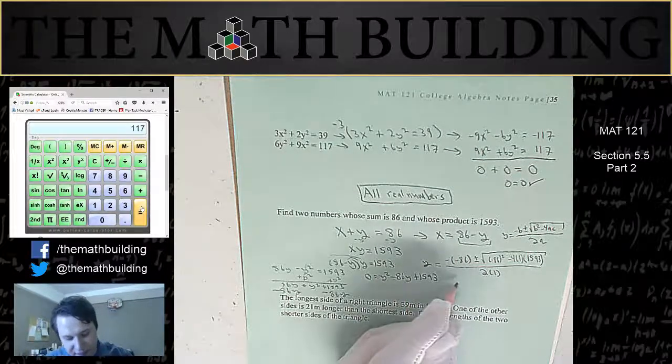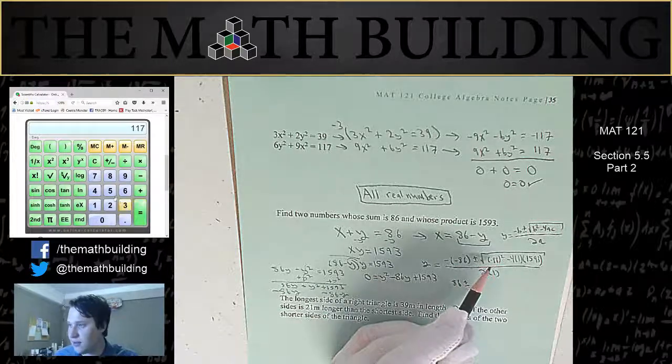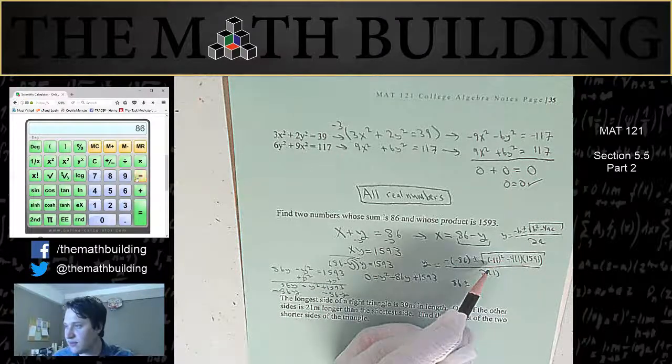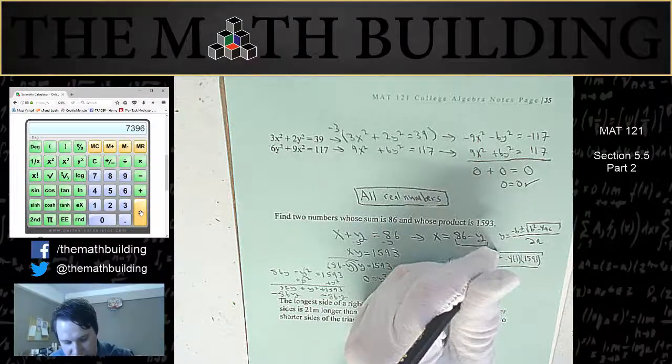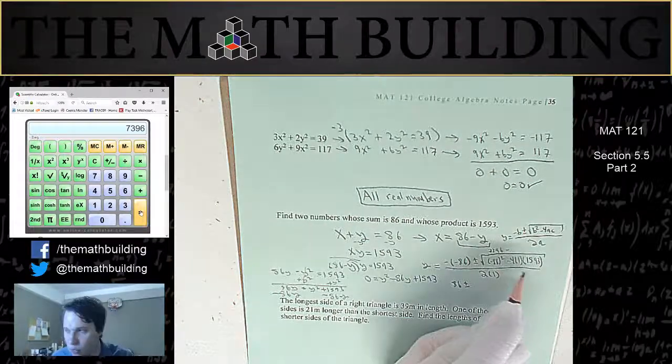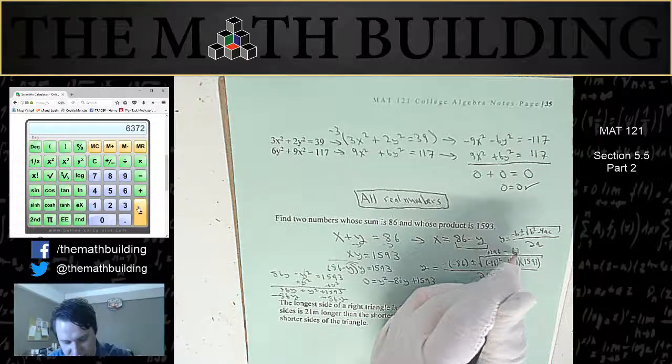Okay, so let's simplify that a bit. That'll be 86 plus or minus. Let's do 86 times 86 is, I'm going to write above here, 7396 minus 4 times 1593 is 6372.